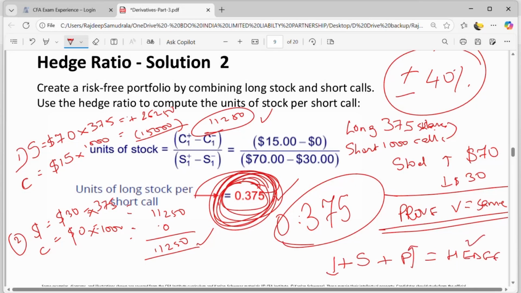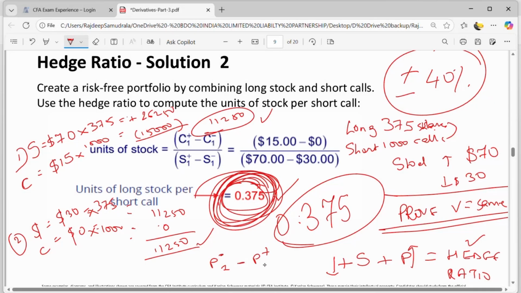Now if I want to know the hedge ratio, should I long one stock for every put I buy or whatever? Here you can use a similar formula. But obviously here you won't do P plus minus P minus, you'll do P minus over P plus, because P minus gives you more money when the stock goes down, and when the stock goes up, it gives you less money.